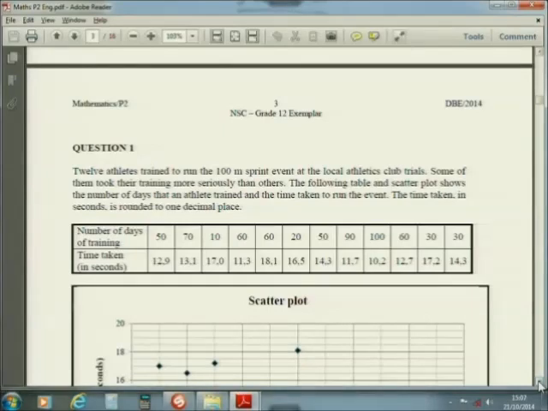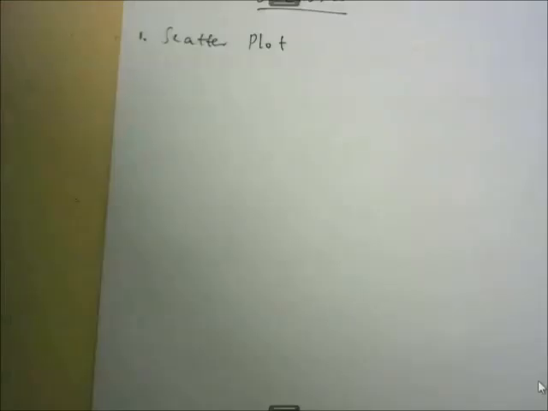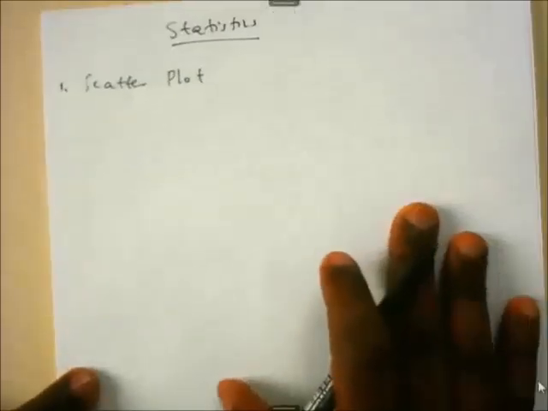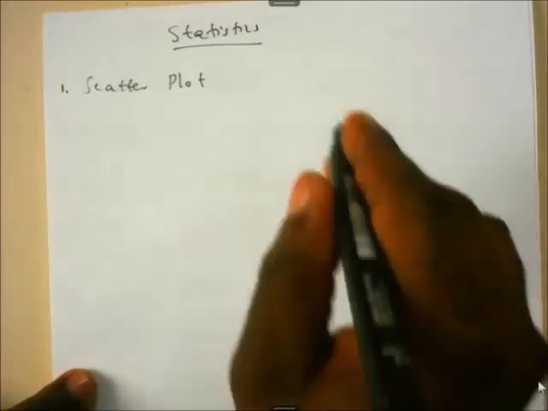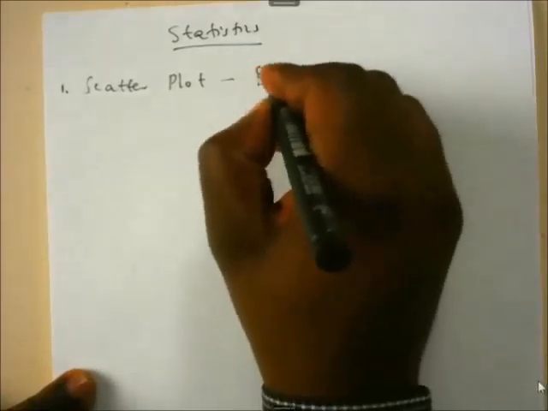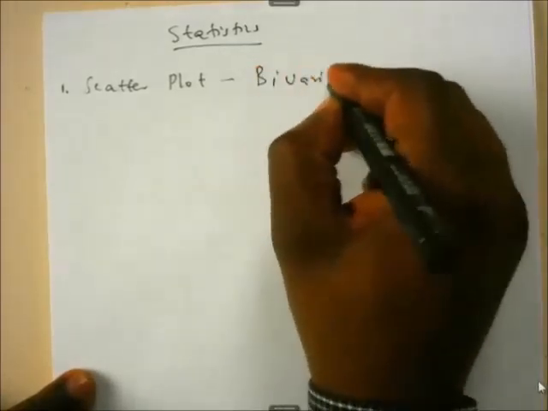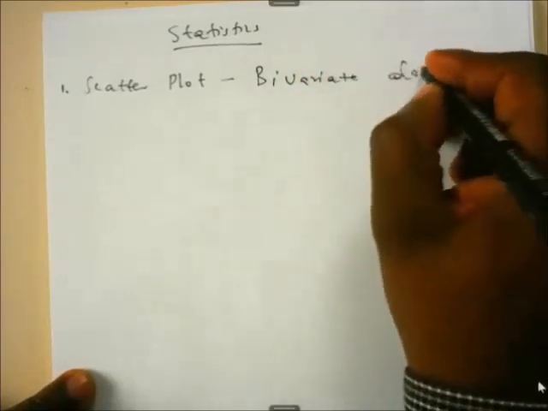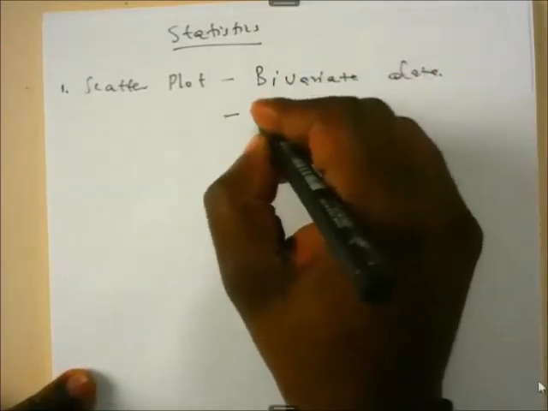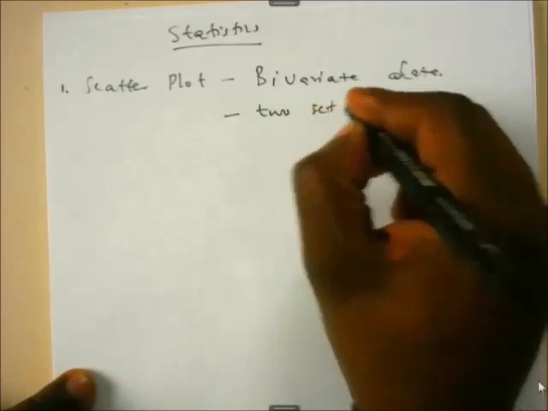Now the scatter plot is about bivariate data. It means we have 2 sets of data.